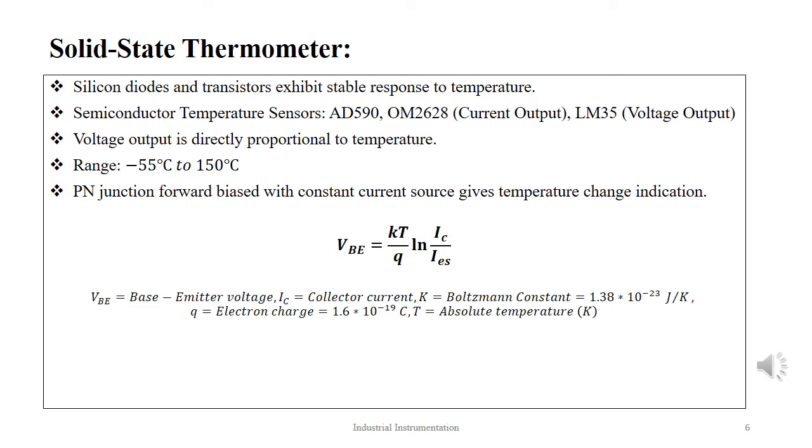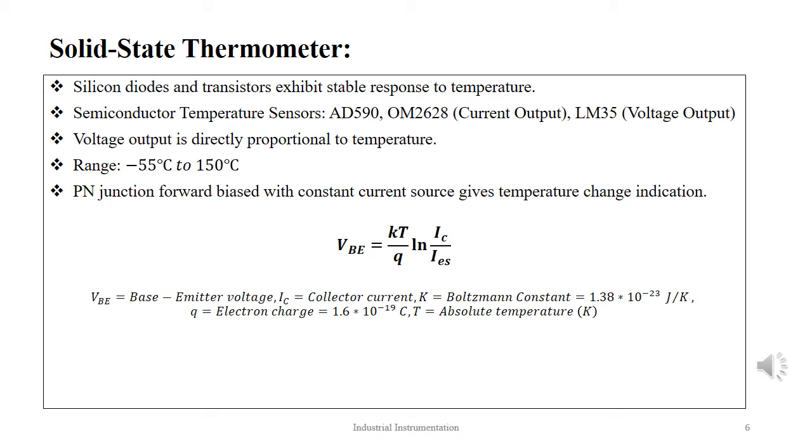The solid-state thermometers are simple semiconductor diodes and transistors whose voltage or current output changes while operating in the p-n junction forward bias condition due to changes in the surrounding temperature. These thermometers give both current and voltage as output. The voltage output is linear and directly proportional, while the current output is slightly nonlinear.